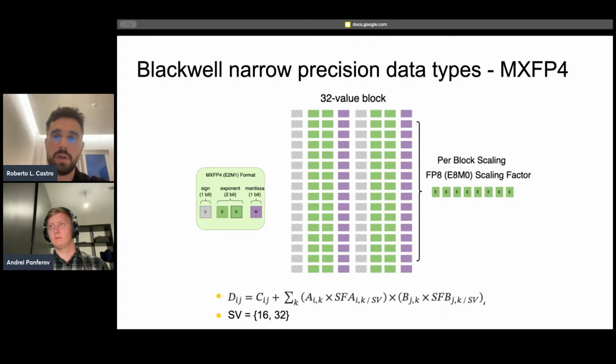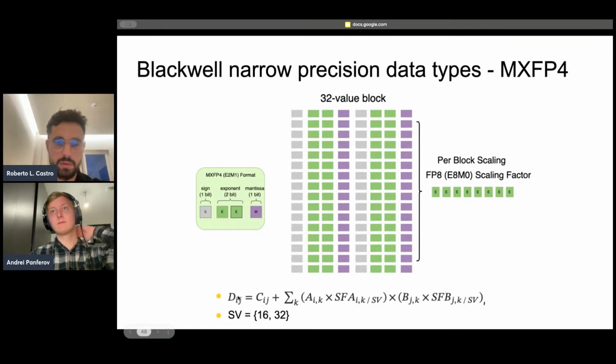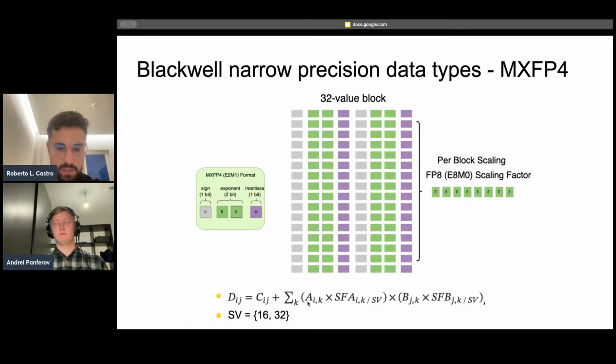And this scaling factor, for the MXFP4 format, is represented by an FP8 value in the E8M0 representation, which means all 8 bits are exponent bits. So in this new Blackwell architecture, we have hardware support to execute this kind of operation, where the A matrix and B matrix to be multiplied are additionally represented by metadata, which are these scaling factors.